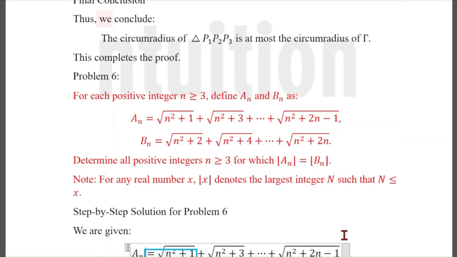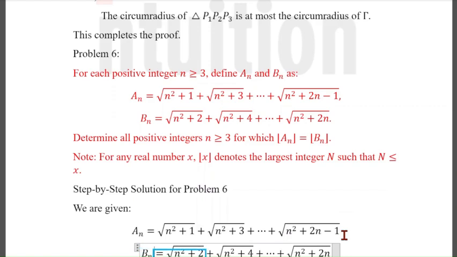A_n equals √(n²+1)/n + √(n²+3)/n + ... + √(n²+2n−1)/n, and B_n equals √(n²+2)/n + √(n²+4)/n + ... + √(n²+2n)/n.